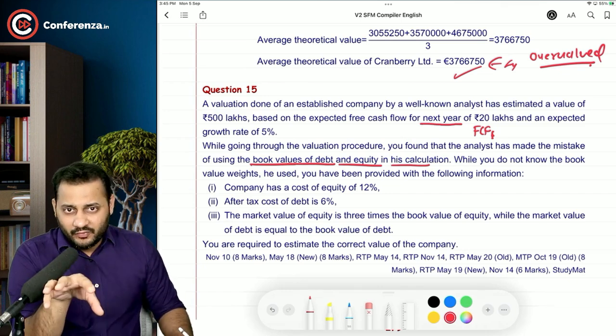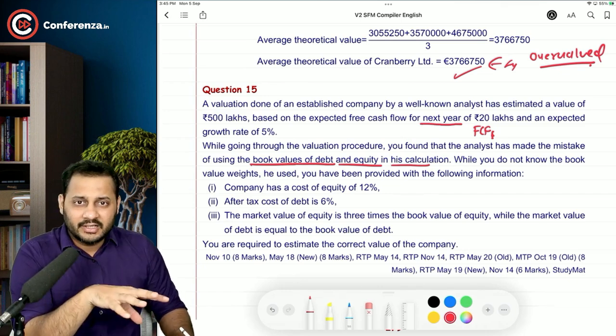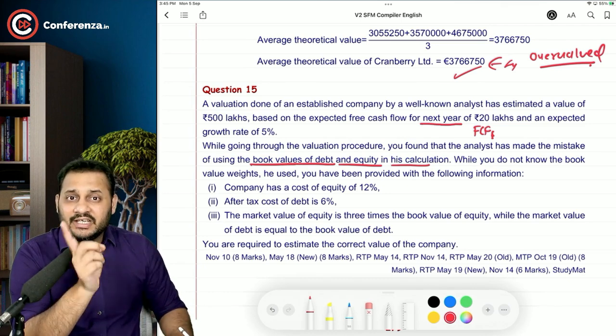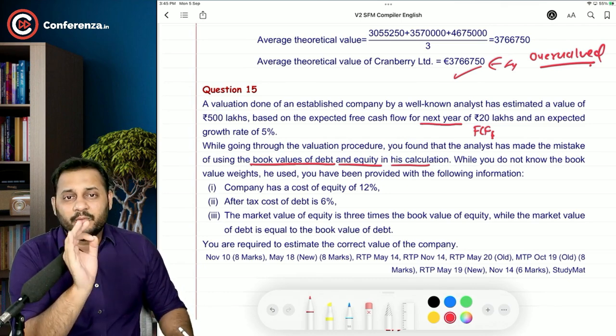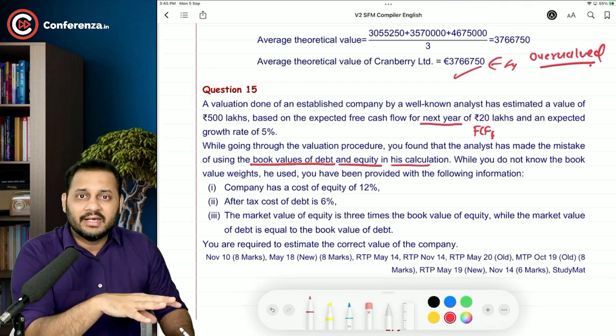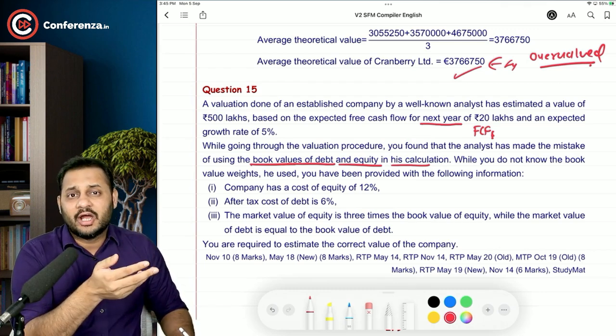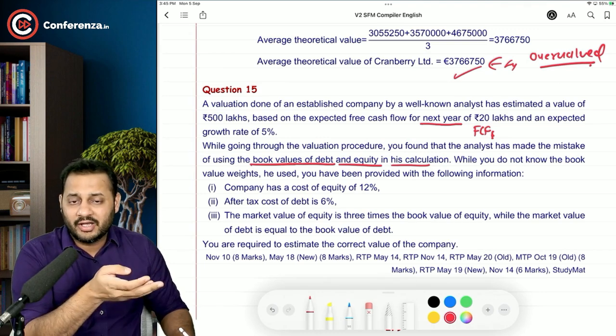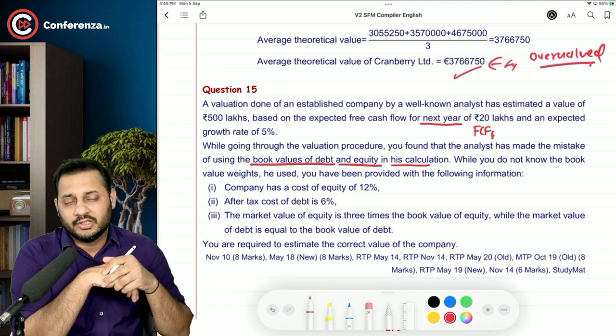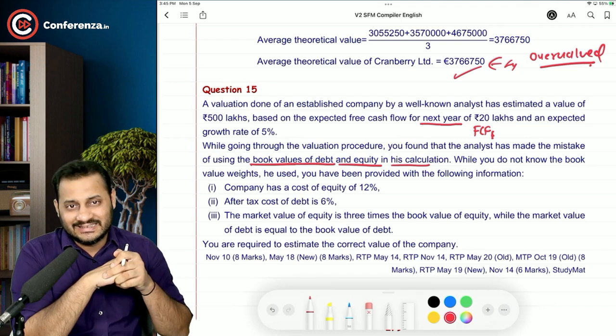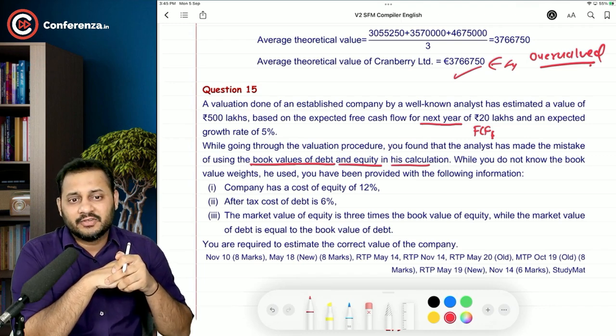Between book values and market values of equity and debt, market values are more important and relevant. So the weights should have been taken based on the market values and not the book values while calculating the WACC. And that's where he went wrong.